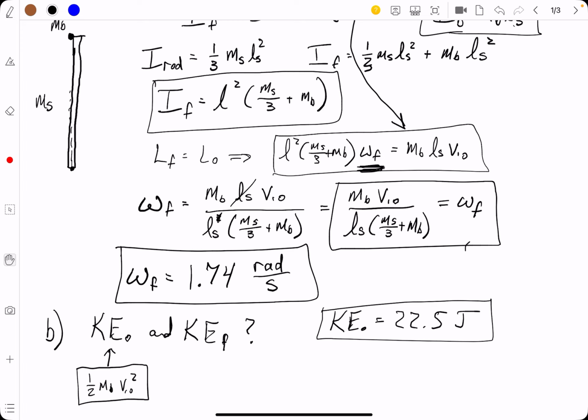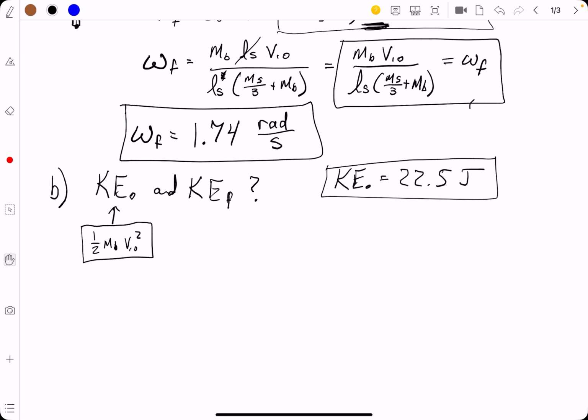Now we need the final. KE final. Let's do that. It's rotational, first of all. So what does that mean? That means it's 1/2 I omega final squared. And it's the final I too, by the way. So it's not the initial moment of inertia, it's the final moment of inertia. So you have to be careful with that as well, right?